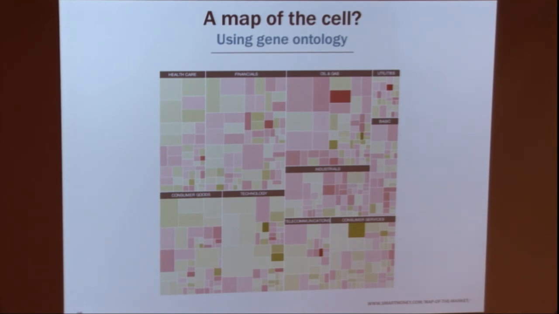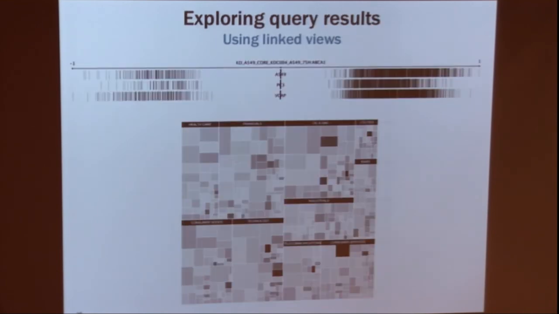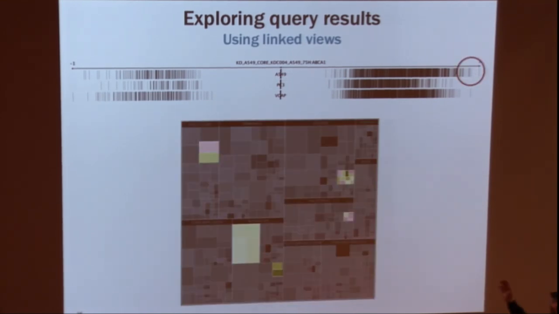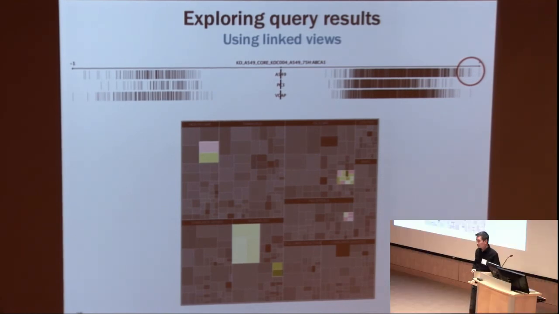Genes are connected to each other through pathways, and it may be possible to build a hierarchy and develop a map of the cell. If we were able to do that, then the exploration of this type of ranked list could be much more interesting, so that when you select a series of profiles, you can see that these are, in fact, part of the proteasome inhibitors.